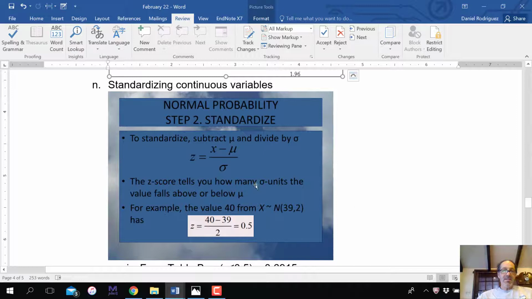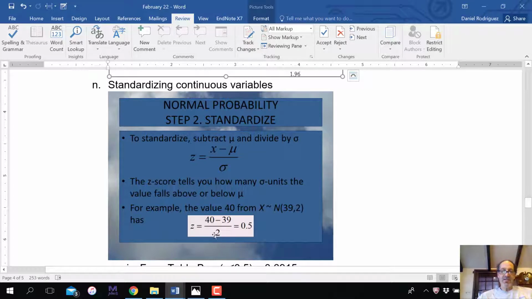So let's see, here's an example. If we have an individual who scores 40, and the population has a mean of 39 and a standard deviation of 2, to calculate that individual's z-score, we go 40 minus 39 divided by 2.